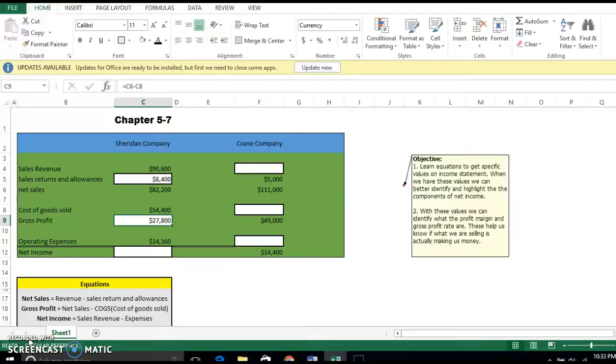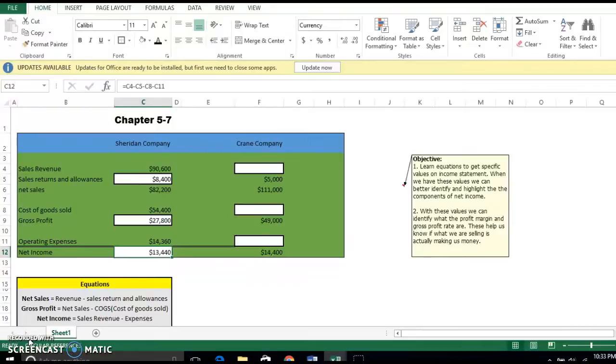And then net income is sales revenue minus the expenses, or in this case, gross profit minus operating expenses also works. But really it's sales revenue minus sales returns and allowances minus cost of goods sold minus operating expenses, or as I said, gross profit minus operating expenses. And we get 13,440.